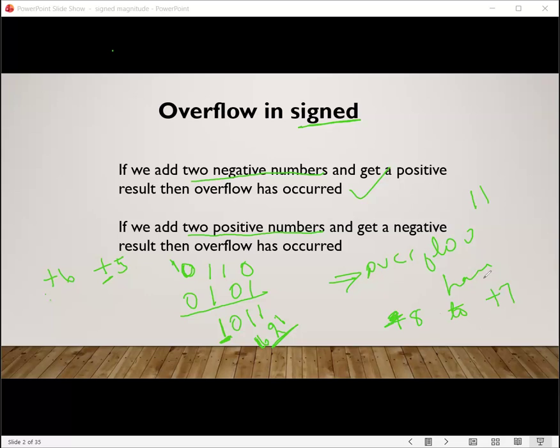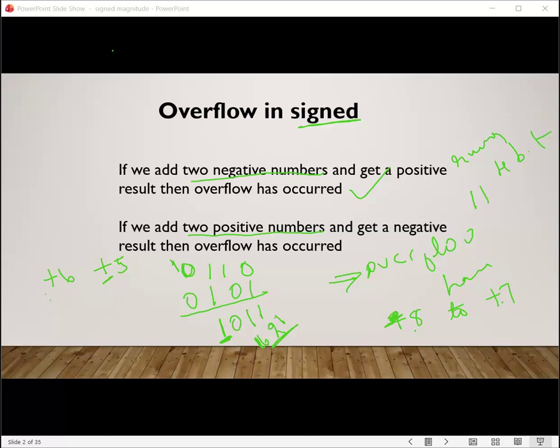We have seen already how to find the range of a 4-bit number. So 11 cannot be represented. So now we conclude: if we add two negative numbers and get a positive result, then overflow has occurred. And if we add two positive numbers and get a negative result, then overflow has occurred.